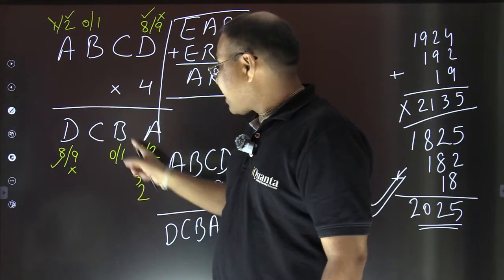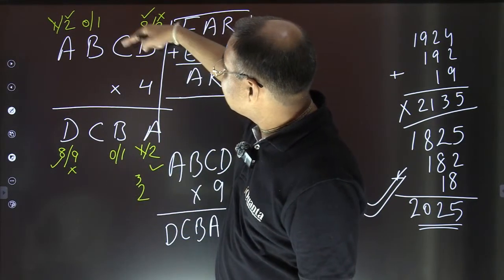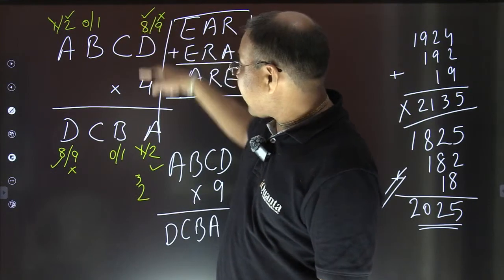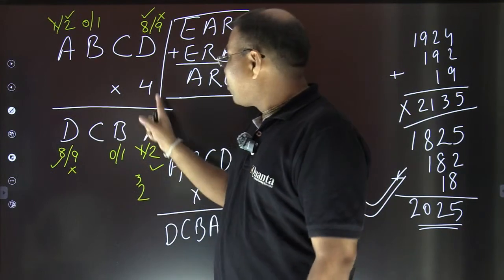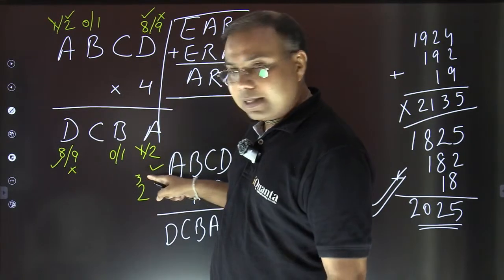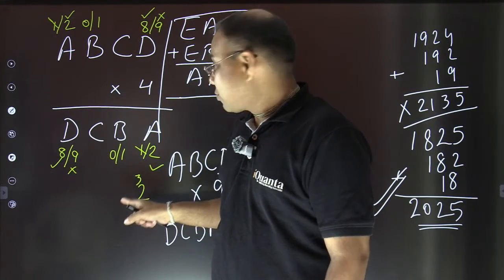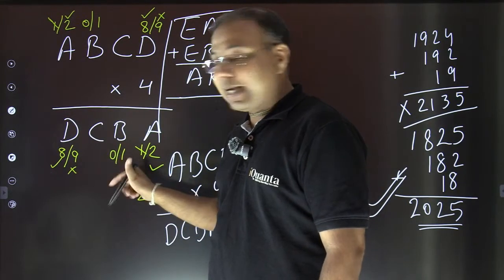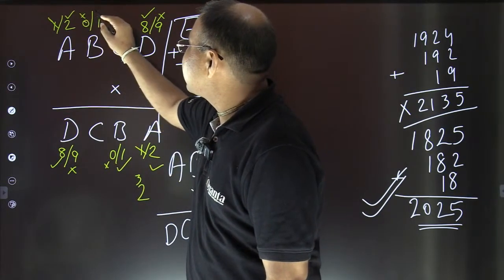So tell me this B would be even or odd? 4 into C is even number and I need to add 3 to get the value B here. So 4 into C plus 3, it would be odd or even? It is going to be odd, right? So certainly it can't be 0, it has to be 1. It is not 0, it is certainly 1.